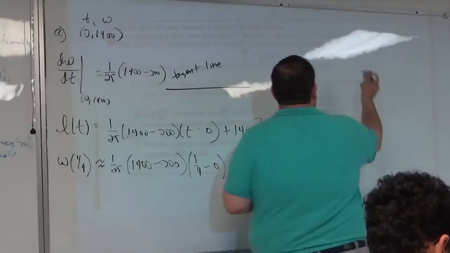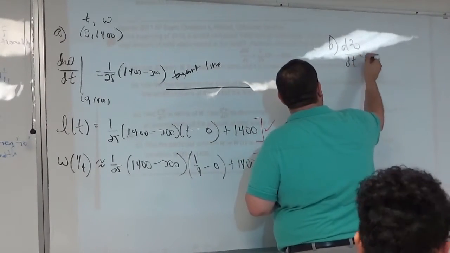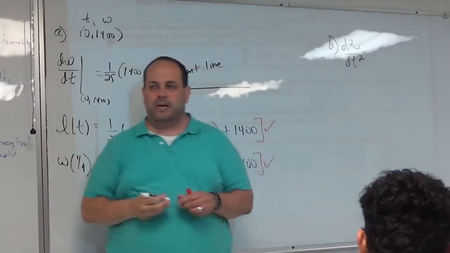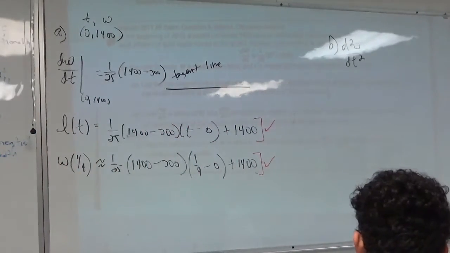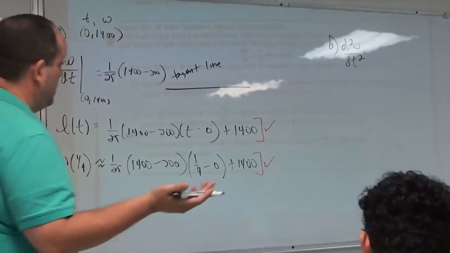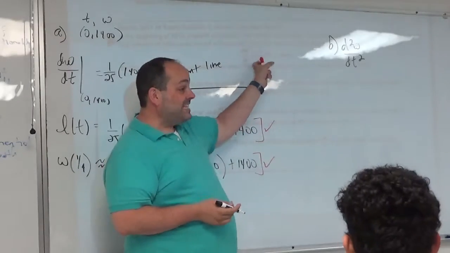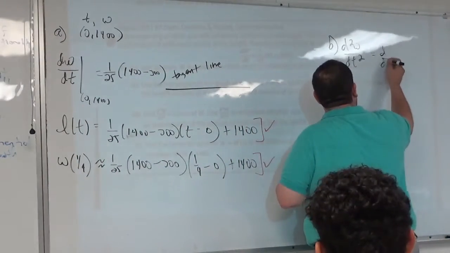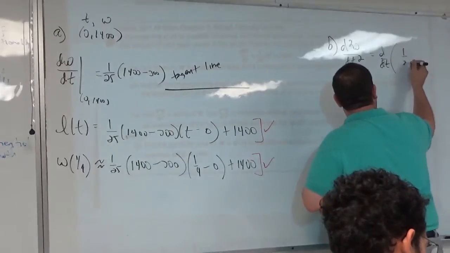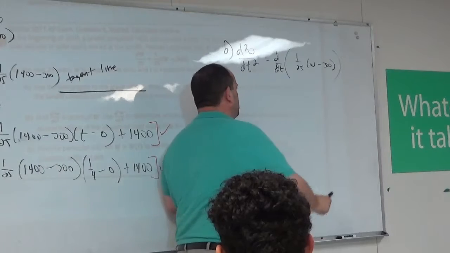The other thing that they've asked you to do in part B is find d squared W dt squared. There was one like this in the video that you watched last night. What am I asking for? The double derivative. That means I want the derivative of this guy here. So I need to find the derivative with respect to t of 1 over 25 times (W minus 300).